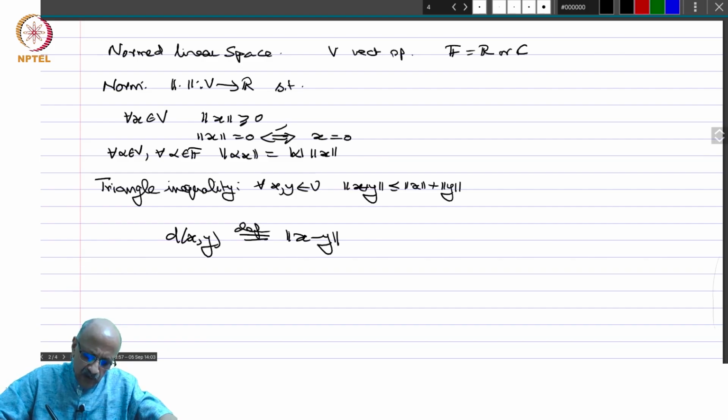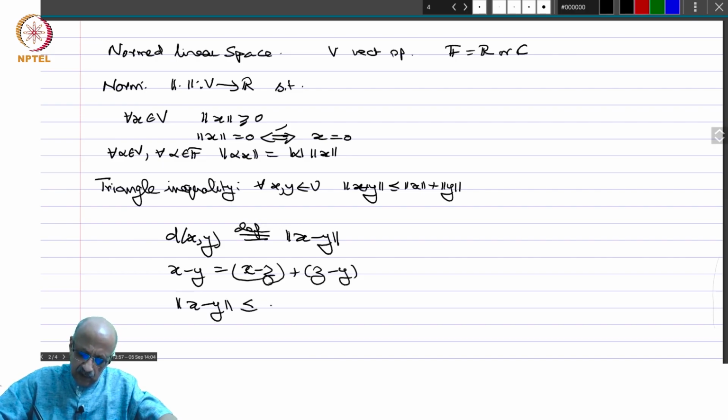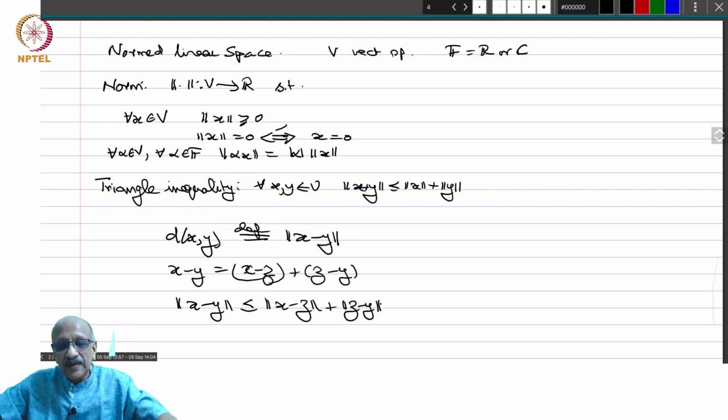Now if you have x, y and z, then x minus y can be written as x minus z plus z minus y, and therefore by the triangle inequality we get that norm of x minus y is less than or equal to norm of x minus z plus norm of z minus y, namely the distance function d satisfies the usual triangle inequality for a metric, and that is why we have the same name for these two inequalities.